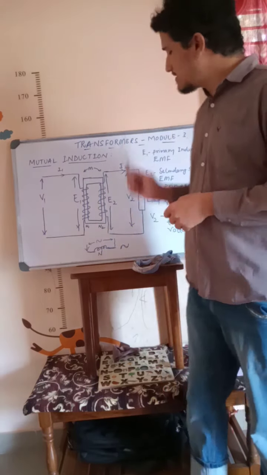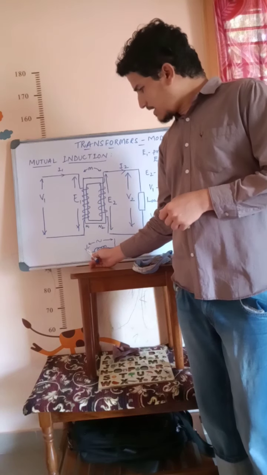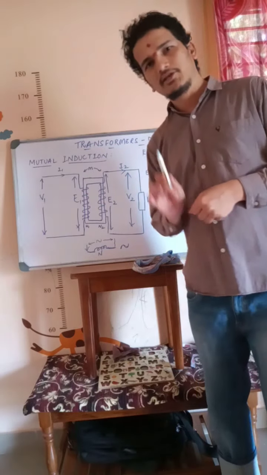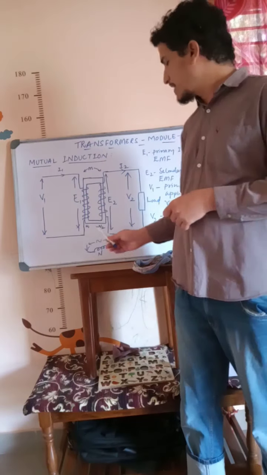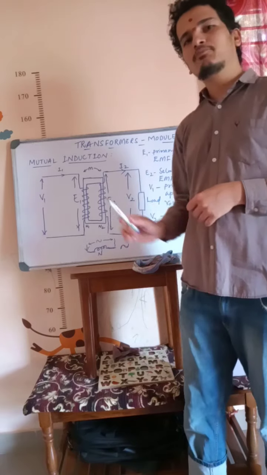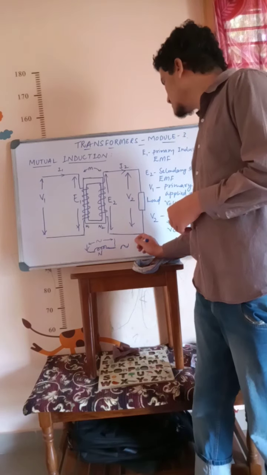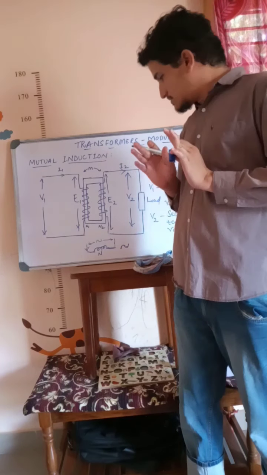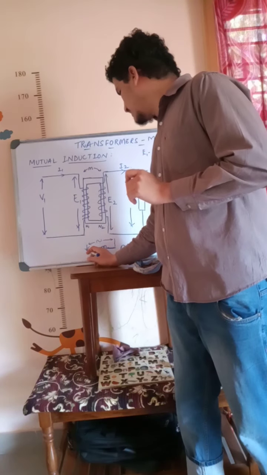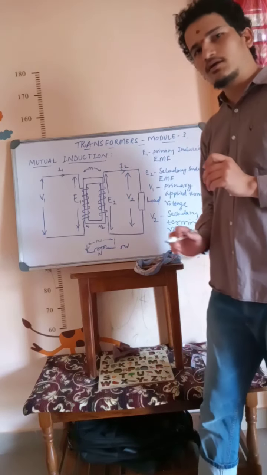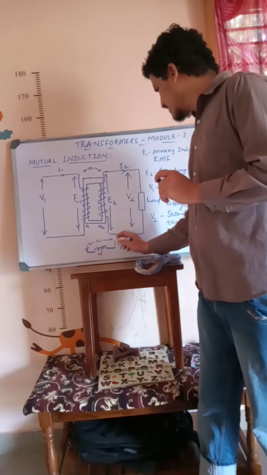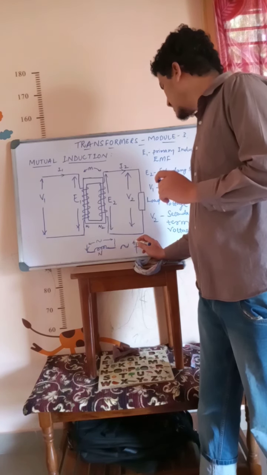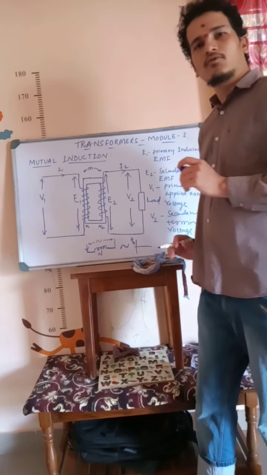Since the applied current is alternating in nature, say sinusoidal, the produced flux is also alternating in nature and also sinusoidal. I will mark the flux as phi.